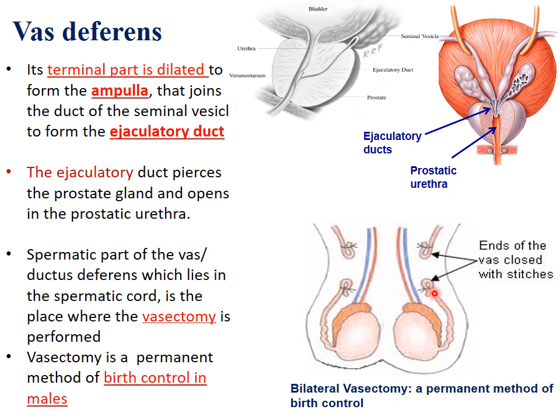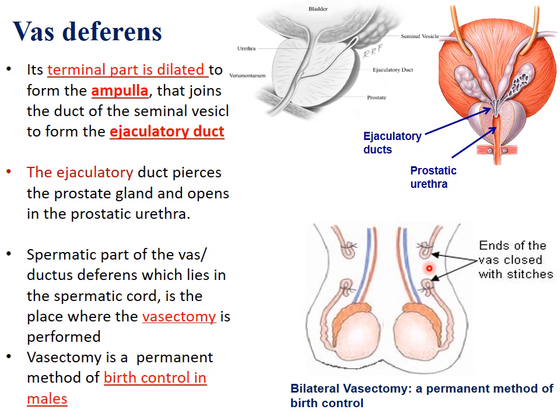But the ductus deferens is actually acting like a road that carries the sperm, and that sperm will ultimately drain into the urethra, and through the penis it can come out. So this road has to be blocked.